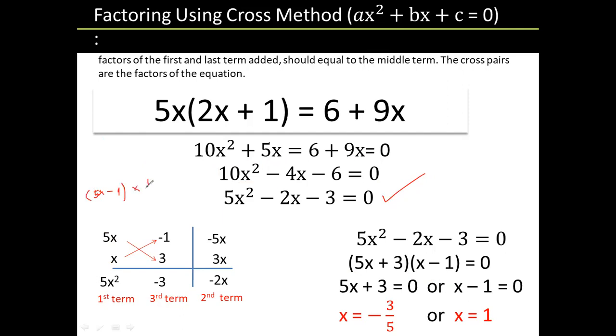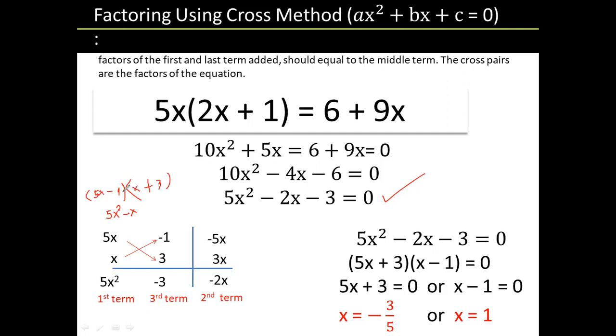Take note, we do not cross. So we try to check. 5x times x is 5x squared. Negative 1 times x is minus 1x.